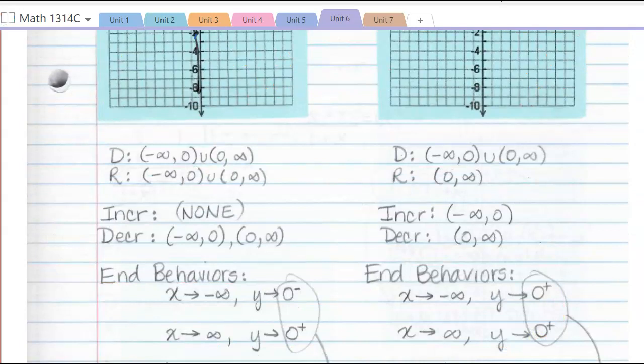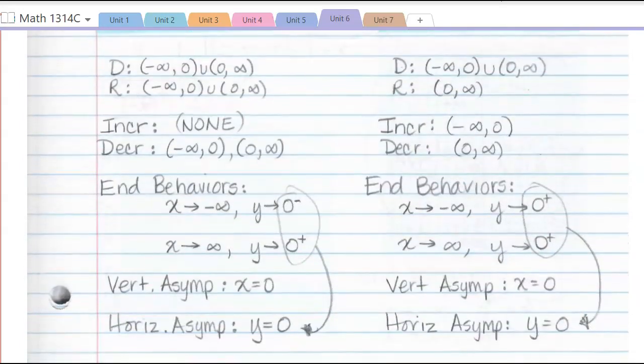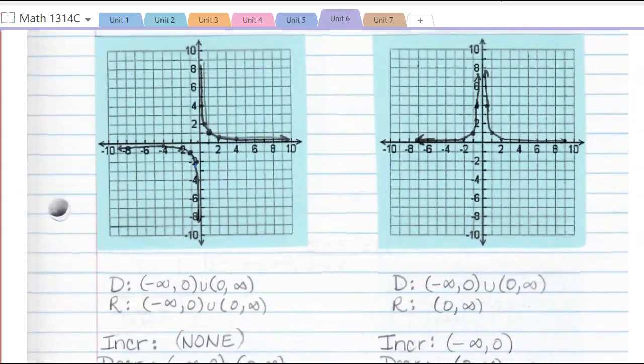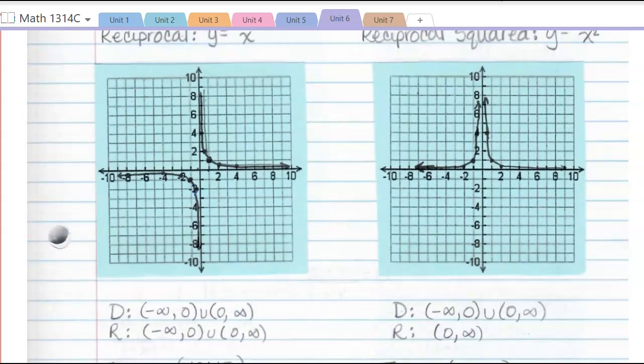Finally, the last thing I want to talk about on this page is going to be vertical and horizontal asymptotes and what they look like in terms of our graph. So if I come back to my graph, we will see that we have for our reciprocal a vertical asymptote right here. That's where that break is.